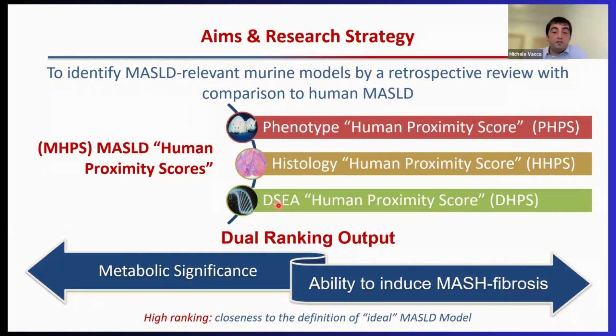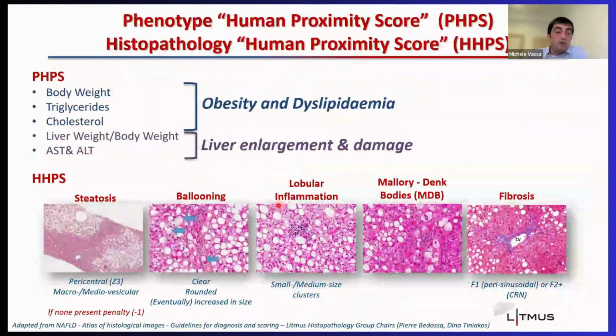In terms of the quality of the data that are available, we used body weight, triglycerides, and cholesterol to model obesity and dyslipidemia. Unfortunately, we didn't have insulin and glucose for all the models, but we have performed in the supplementary tables a wide screening of the literature to show which of the models have a characterization on that side. This is a limitation of the study anyway. And then we looked at liver enlargement and damage, focusing on liver weight, body weight, AST and ALT, and of course, histology.